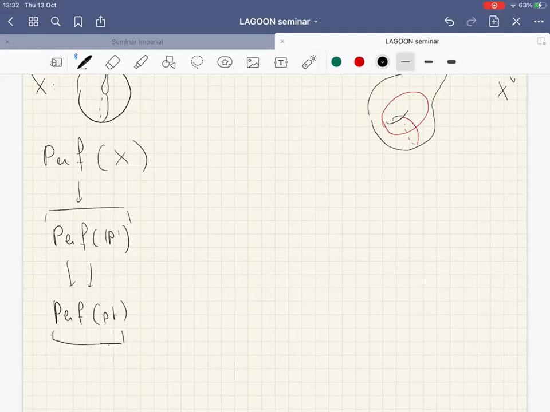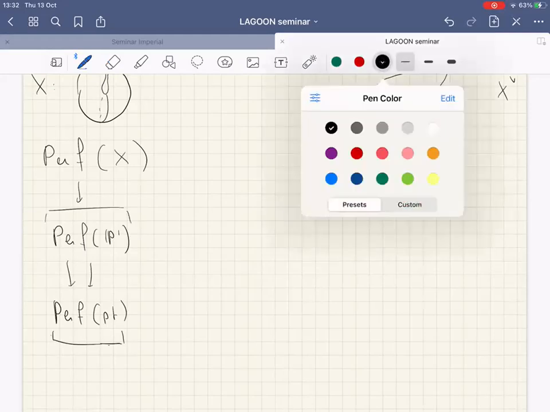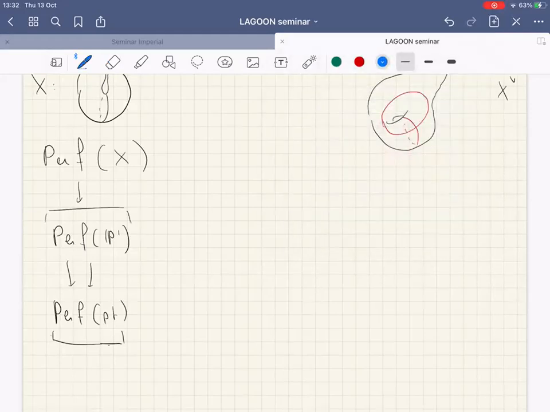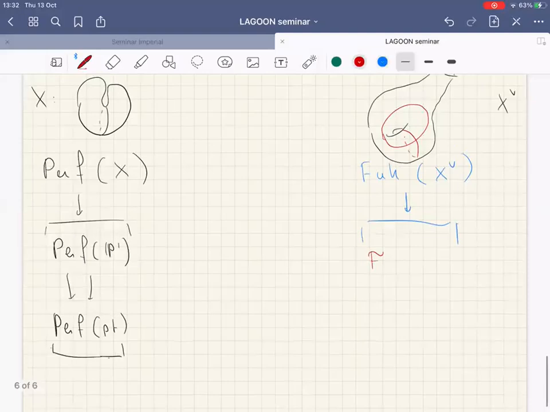And so now, on the other side, we can exploit the locality of the Fukaya category to our advantage. So what we have is that the Fukaya category of X dual, so of this punctured torus, is given by, let me first write it and then explain.